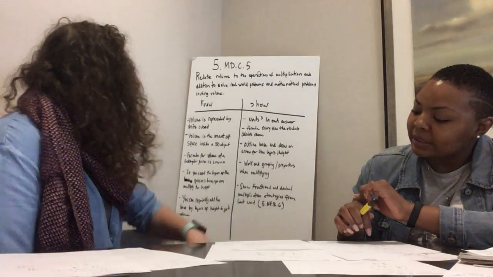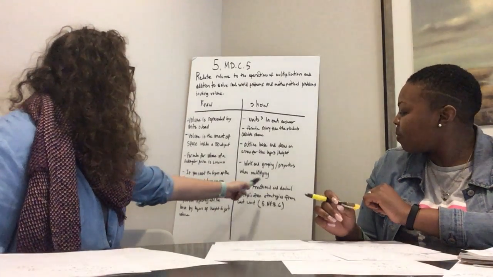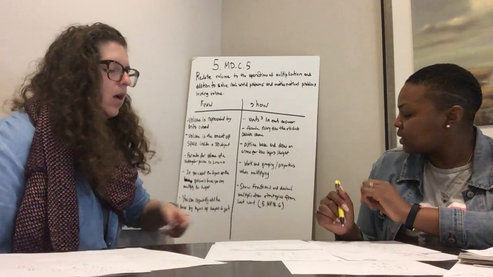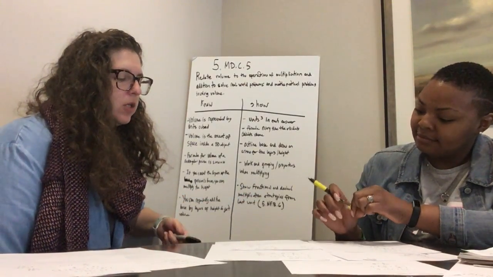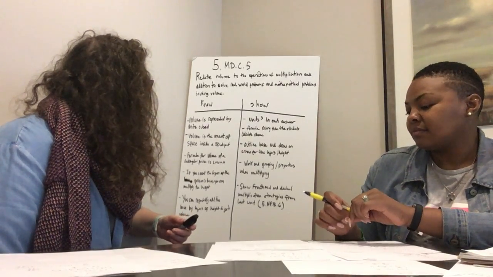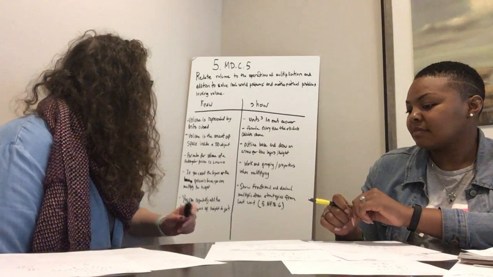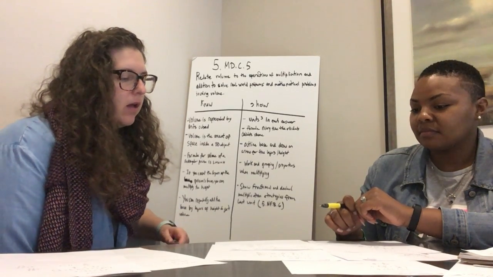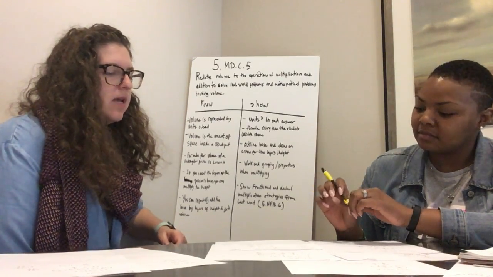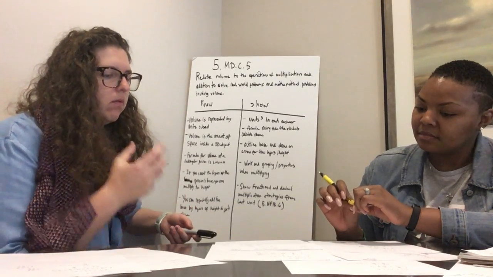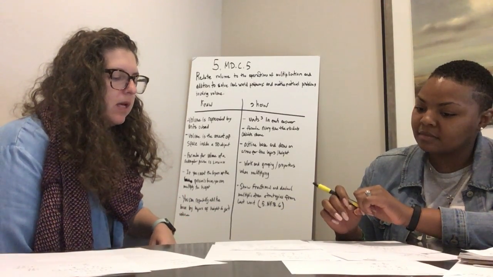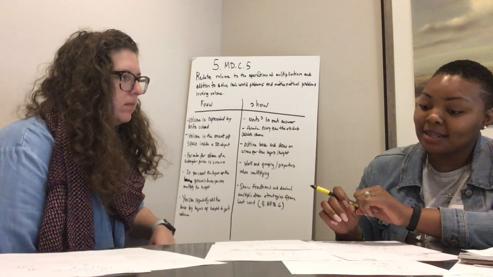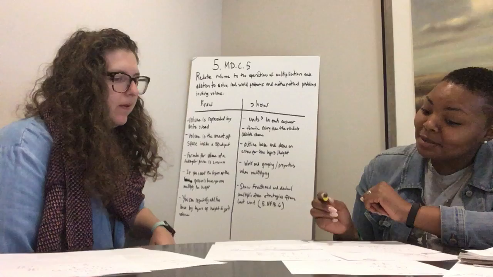Looking at our chart, it says show fractional and decimal multiplication strategies from our last unit. They showed the strategies, but what would be the easiest fix for the middles? What would be the biggest bang for your buck if you were to correct these middle students? First thing I need to let them know is we're not adding, because that's what it looks like.